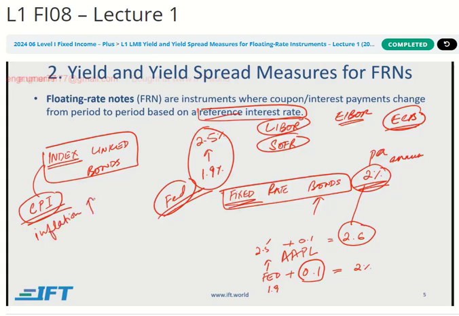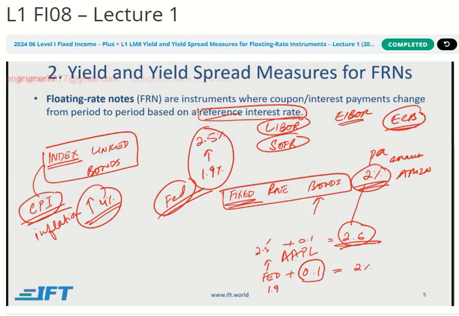Now, if inflation is going up, let's say inflation has gone up to 4%, and whether you bought that Apple floating rate note or that Amazon fixed rate bond, the point is they're both less than inflation. So you're very sad because the value of your money is going down because there's high inflation, and you're not multiplying your money faster than inflation.